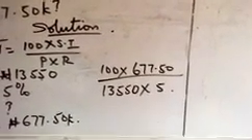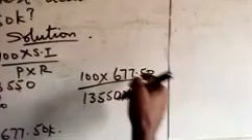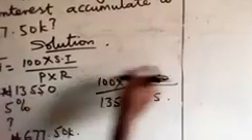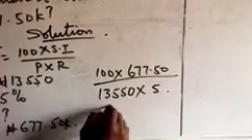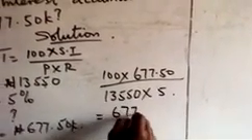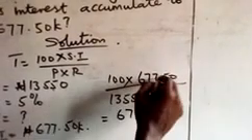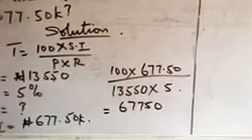So let's solve this now. The first thing we want to do is to eliminate this kobo. How do we do that? Multiply this by this. This will give us 67750, because this is 20. Just shift your points, multiply it to give us this.